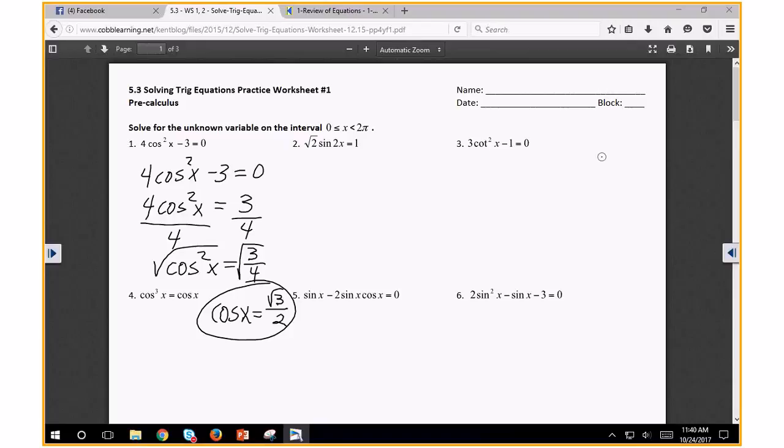Oscar had a hump. Which special angle has the square root of 3 on the bottom? 30-degree angle, Hubert. That's right. So that's 30 degrees. Make sure I did it right. I was doing it in my head.